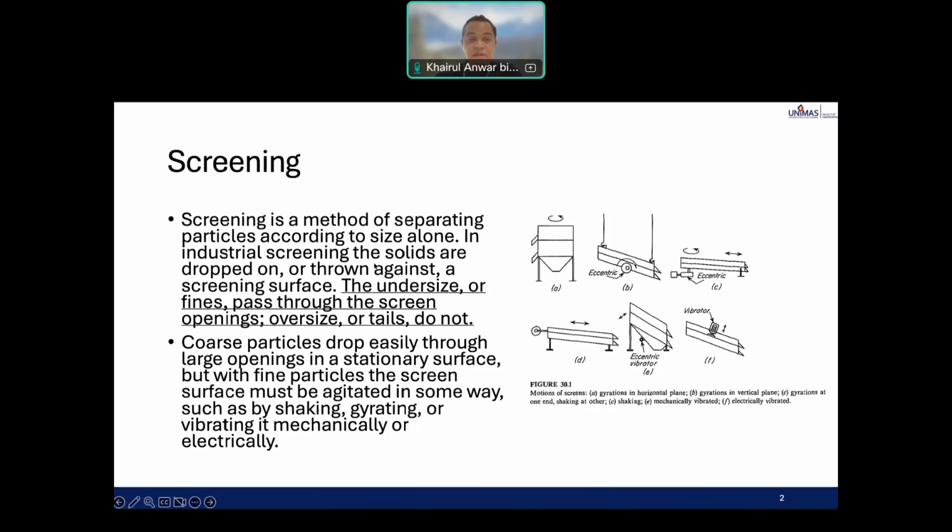In industrial screening, the solids are dropped on or thrown against a screening surface. The undersize or fine pass through the screen opening. Oversized or tail is not.